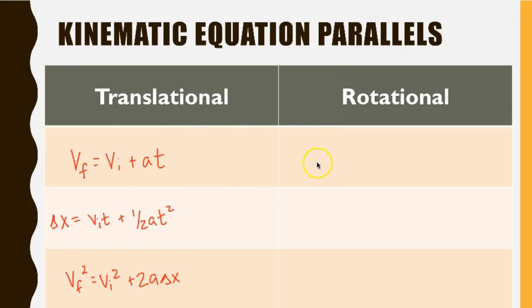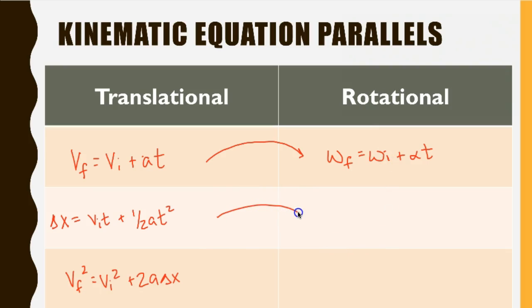Well, in rotational motion, the same formulas exist, only we need to use rotational quantities. Wherever I see a v, I'm going to use an omega. Wherever I see an a, I'm going to use an alpha. Wherever I see a delta x, I'm going to use delta theta. So the first equation has an analog in rotational motion: the final angular velocity equals the initial angular velocity plus the angular acceleration times time.